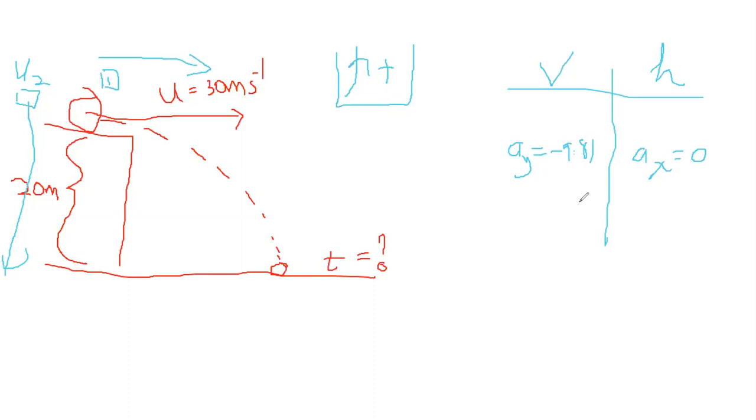Okay, now, can you find the total time taken? You need to know UY and you need to know UX. Tell me, for UY, what formula do you use? Cos theta or sin theta?